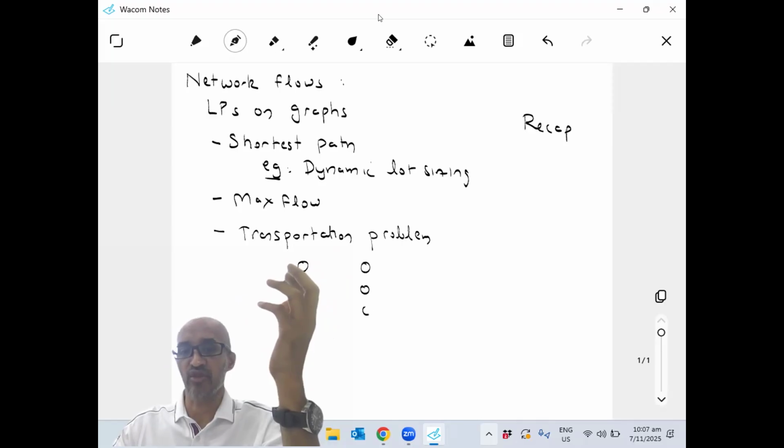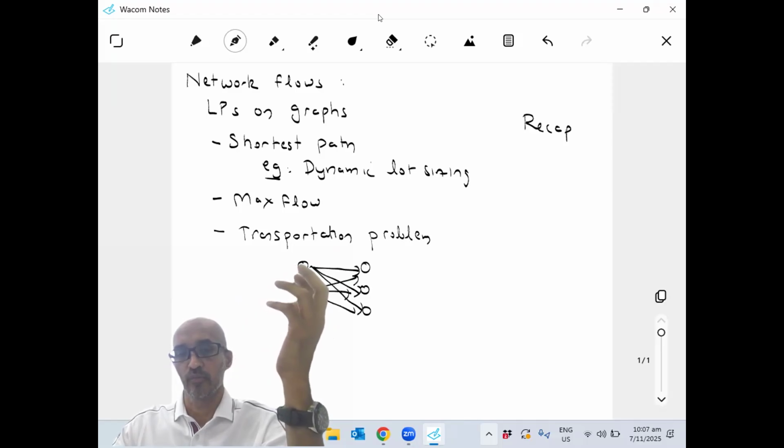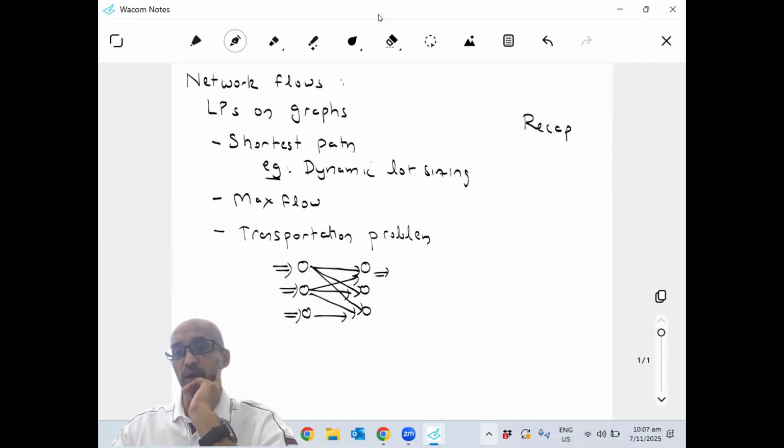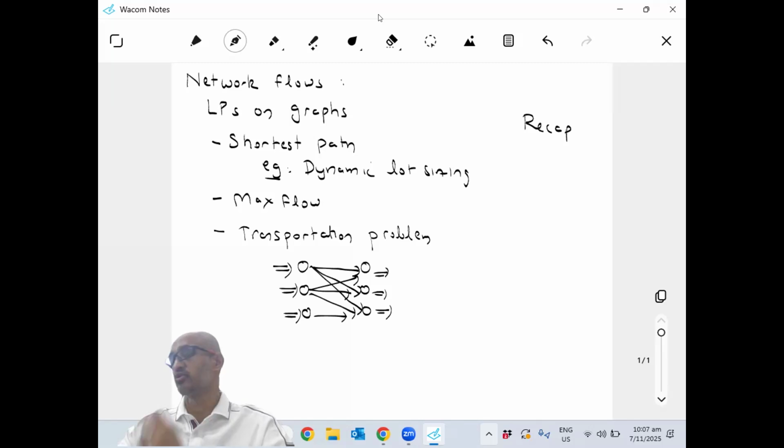You're trying to send flow. Let's say you've got a bipartite graph. Okay, you're trying to send flow from one part of the graph to maybe another part of the graph. Okay, so this could be on a bipartite graph.